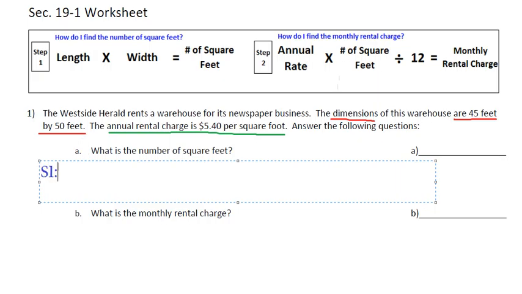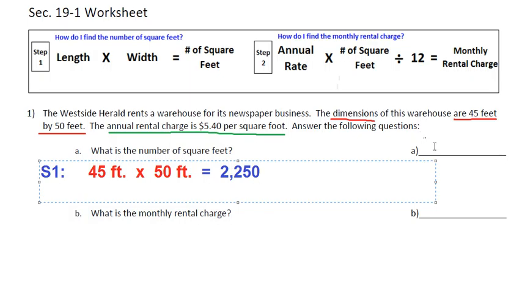Well, that takes us to step 1. Let me change my font. I'm going to make it a little bit better. Step 1, the length times the width. So we're going to take 45 feet and multiply it times 50 feet. Once we multiply this all out, we get our answer for step 1 and for letter A. So 45 times 50, and what we get is 2,250.